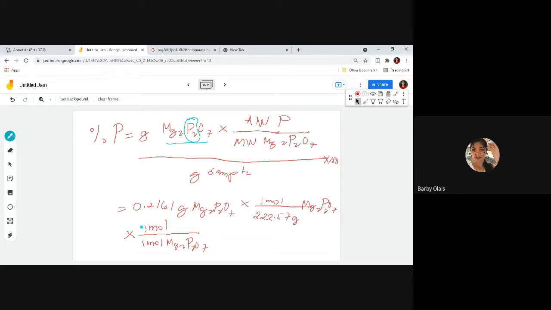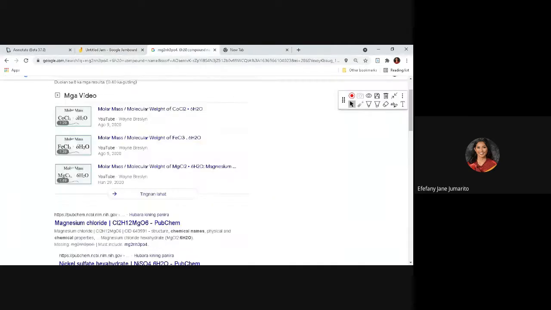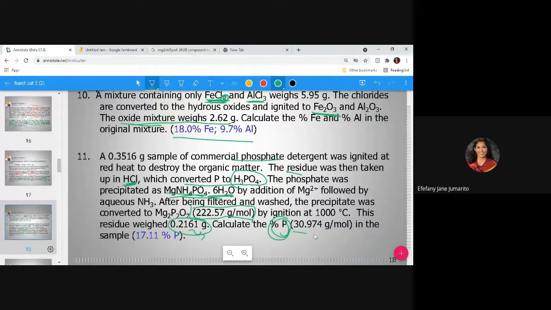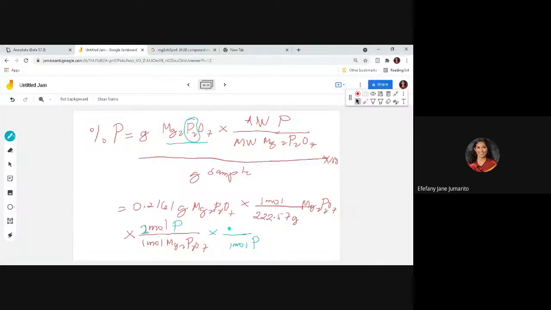We have 2 moles of phosphorus, times in 1 mole of phosphorus, how many grams? 30.974. These are the atomic masses or molecular weights in parentheses. So 30.974 grams phosphorus.